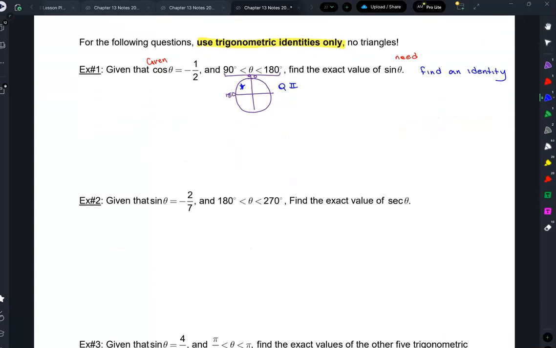We're going to use the Pythagorean identity. Okay? So we're going to use sine squared theta plus cosine squared theta is equal to 1. Okay. So let's see. Sine squared theta plus, what's cosine? We have -1/2, but we got to square that. Equals 1.